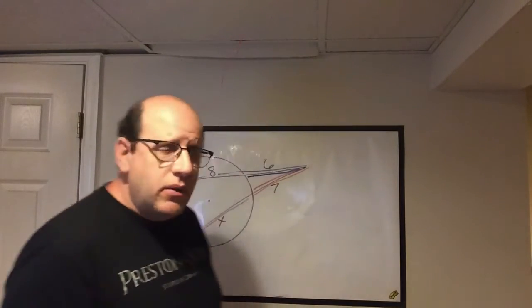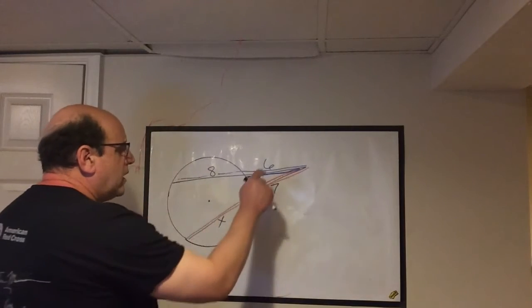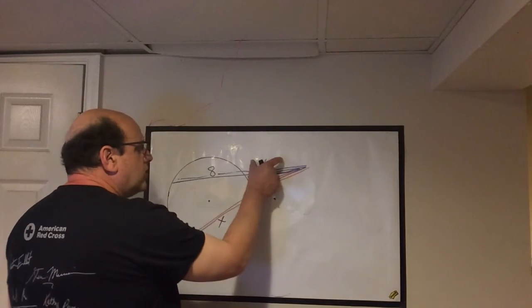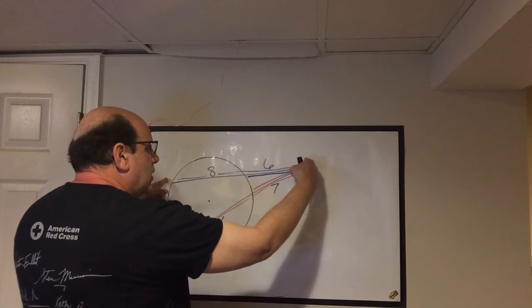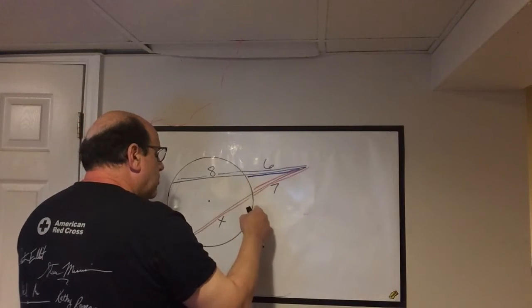Now this is sort of the same, except we have a new concept. What we're going to say is the part times the whole equals the part times the whole.